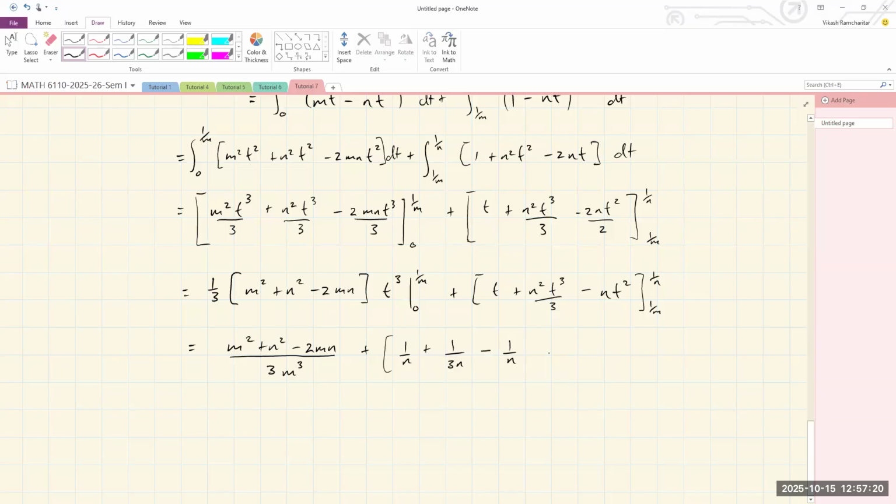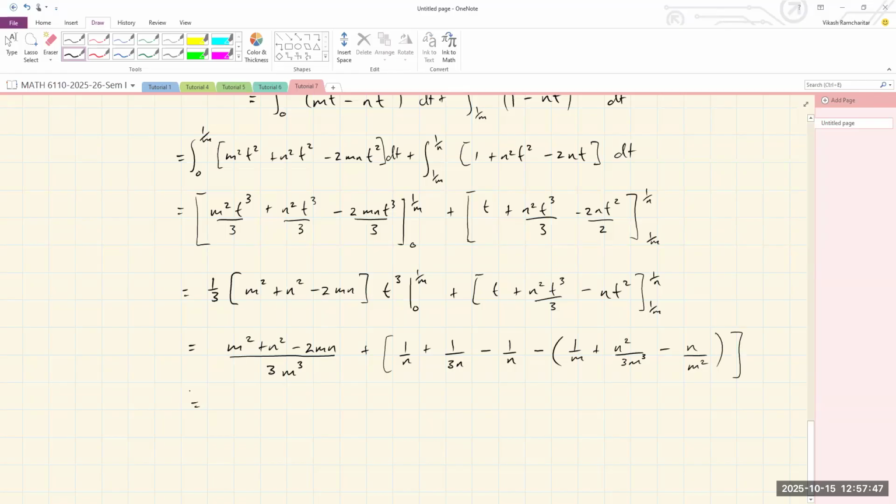Okay, now I'm going to subtract from that 1 over m. So this is 1 over m plus n squared over 3m cubed minus n over m squared.